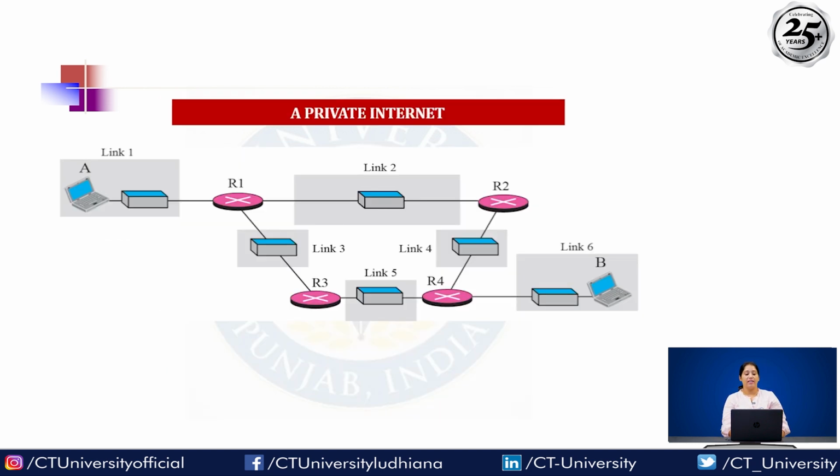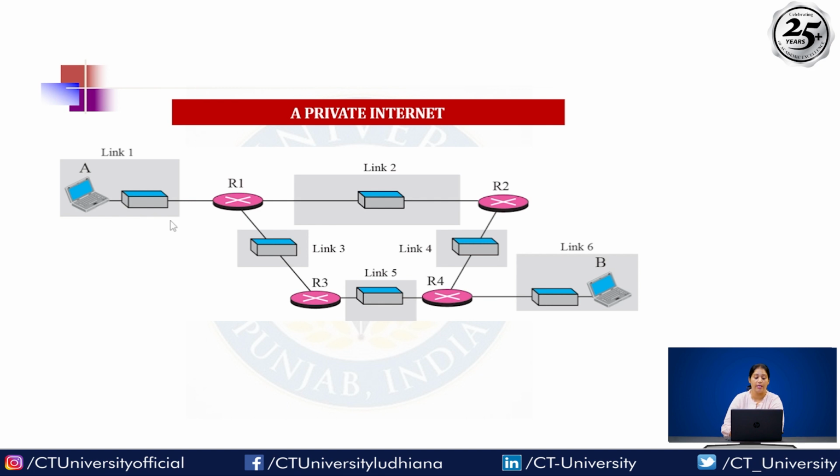Now, this is a private internet diagram. There is a link 1, and it is followed by a number of links. Like this, we have 6 links. Link 1 is at device A, and it will follow R1, R2, which are the routers placed here, and they make sure the data follows the accurate route.